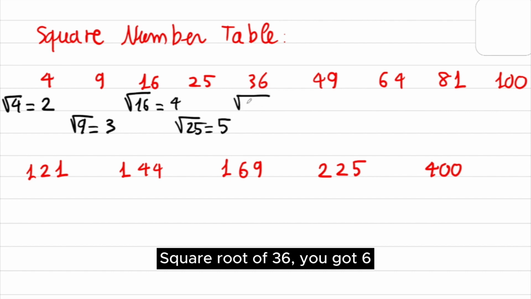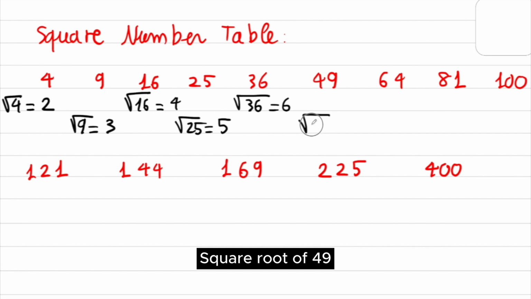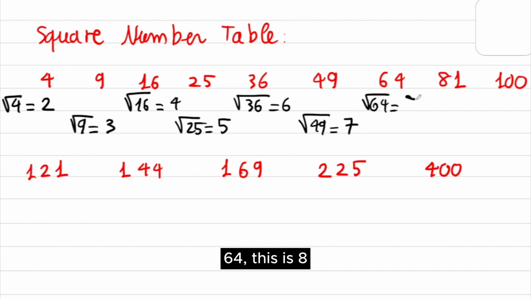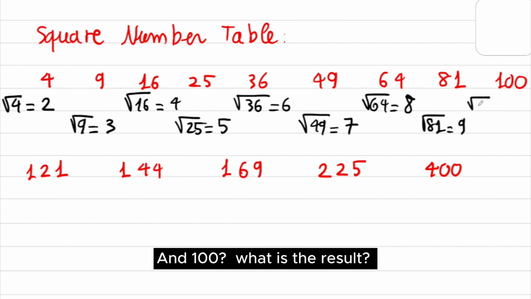The square root of 36 is 6. The square root of 49, what is the result here? 3, 2, 1. That is 7. 64 is 8. 81, can you guess? 3, 2, 1. Yes, that is 9. And 100, what is the result?